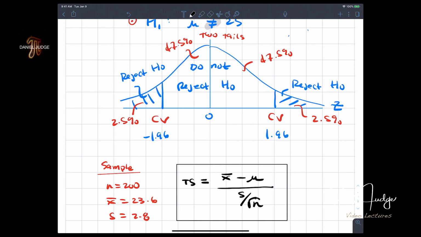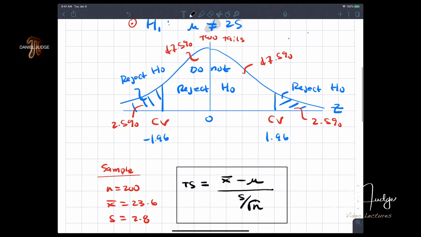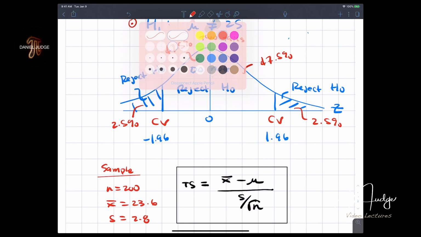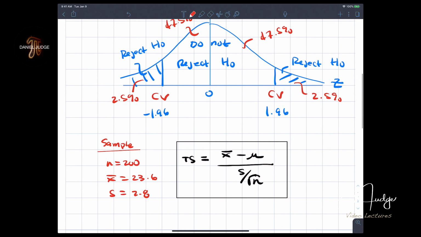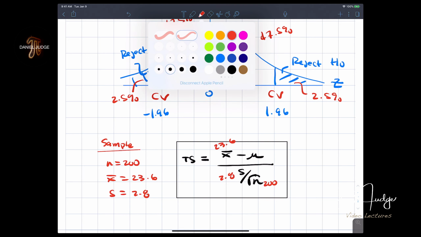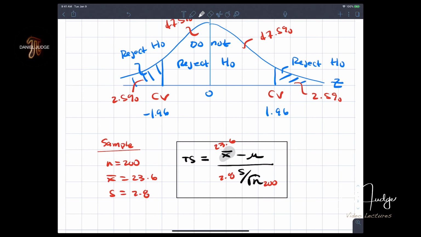The sample mean is 23.6. The sample standard deviation is 2.8. The sample size is 200. They just gave it to you, so you have those values to plug into your calculator.